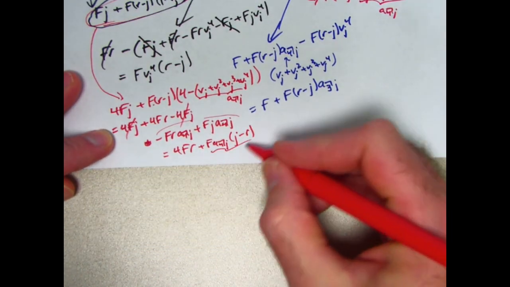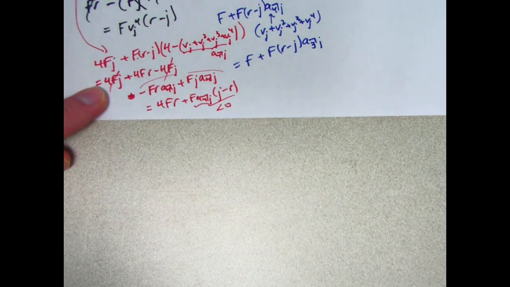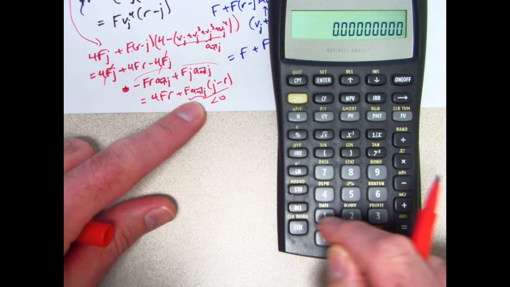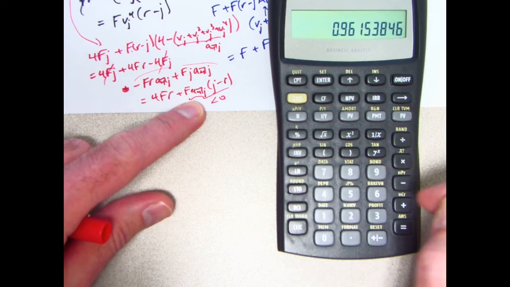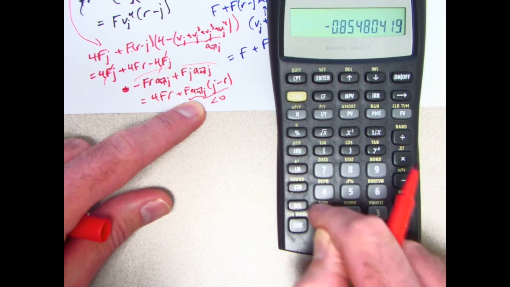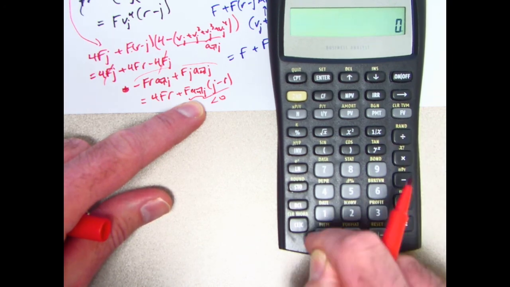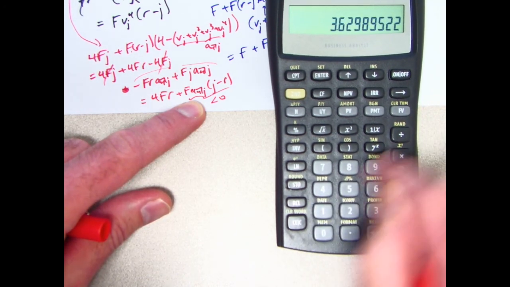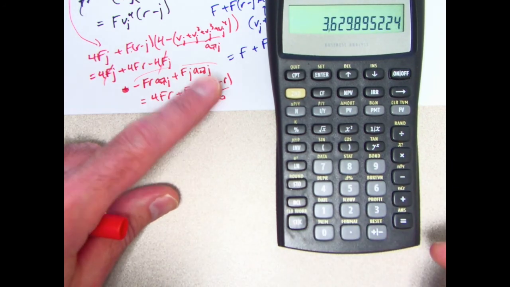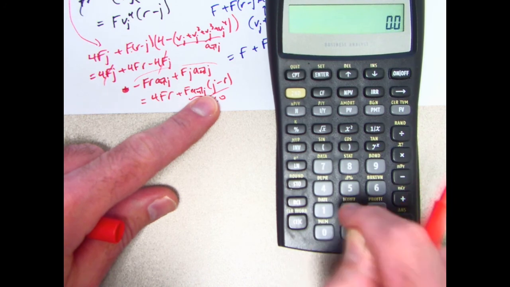This thing is going to be negative. Let's figure that out first. A4, 1.04, reciprocal to the fourth power, subtract from 1, divide by 0.04, times 1,000, times negative 0.02. I'll just type it in as a 0.02.